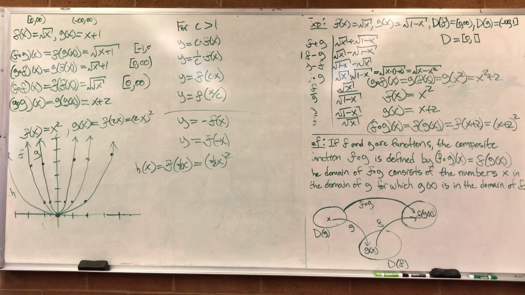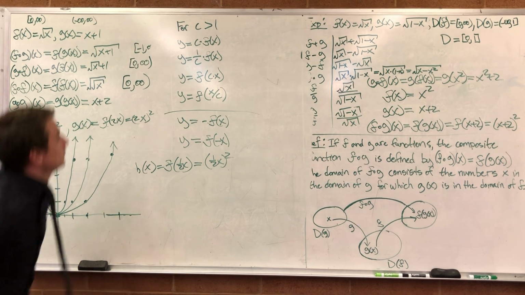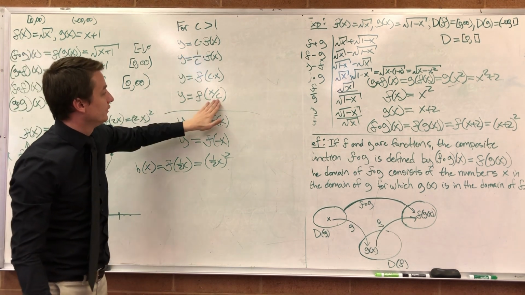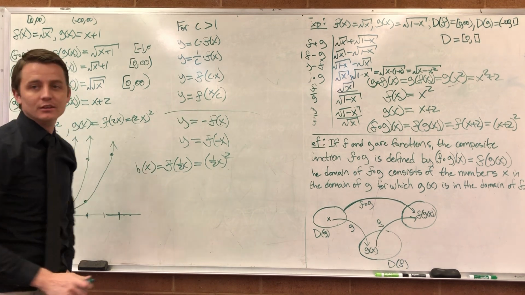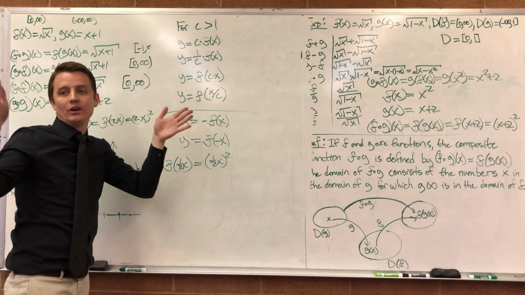So if you multiply the function by the same value and then divide it by the same value, it should scale perfectly in both directions. Oh, I see what you're saying. You're saying if we multiply the function by a constant and then divide it on the inside, yes, then you could scale up the function. It would scale it perfectly. Yes, you can perfectly scale up and scale down the function.